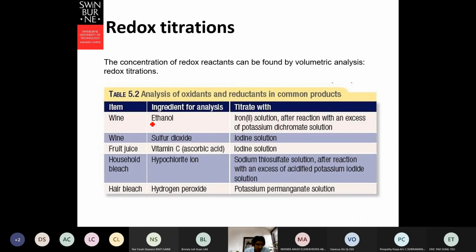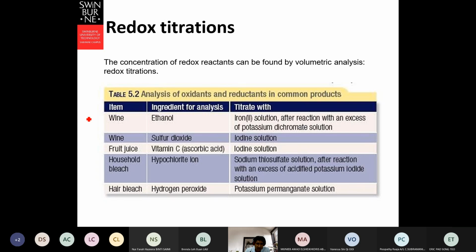Why do we need the redox titration? Due to the electron transfer in redox titration, since electrons are involved, it can produce electricity, although it's very minimal.